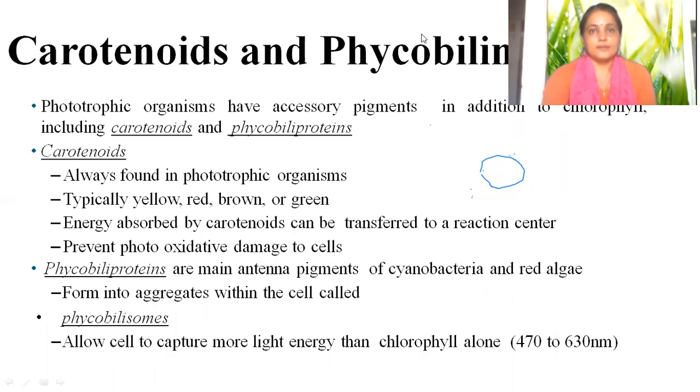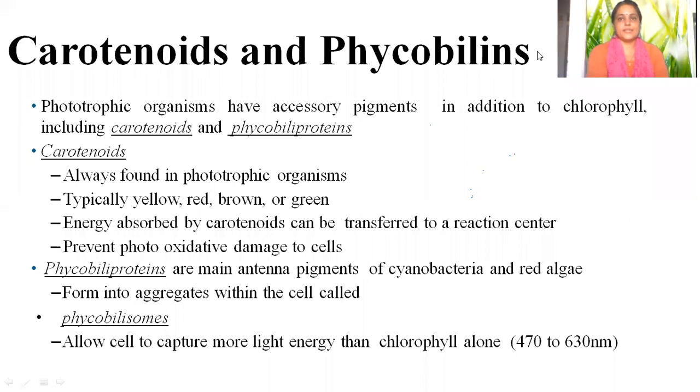Now, let's start with the accessory pigments, carotenoids and phycobilins. Carotene is present in the cyanobacteria. These carotenoids and phycobilins are known as accessory pigments. Accessory pigments are like this: in every situation the light intensity is not the same.